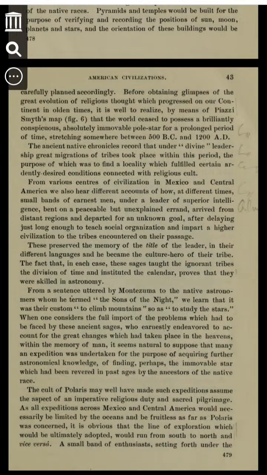All right, so before obtaining glimpses of the great evolution of religious thought which progressed on our continent in olden times, it is well to realize by means of Piazzi Smith's maps that the world ceased to possess a brilliantly conspicuous, absolutely immovable pole star for a prolonged period of time, stretching somewhere between 500 BC and 1200 AD.